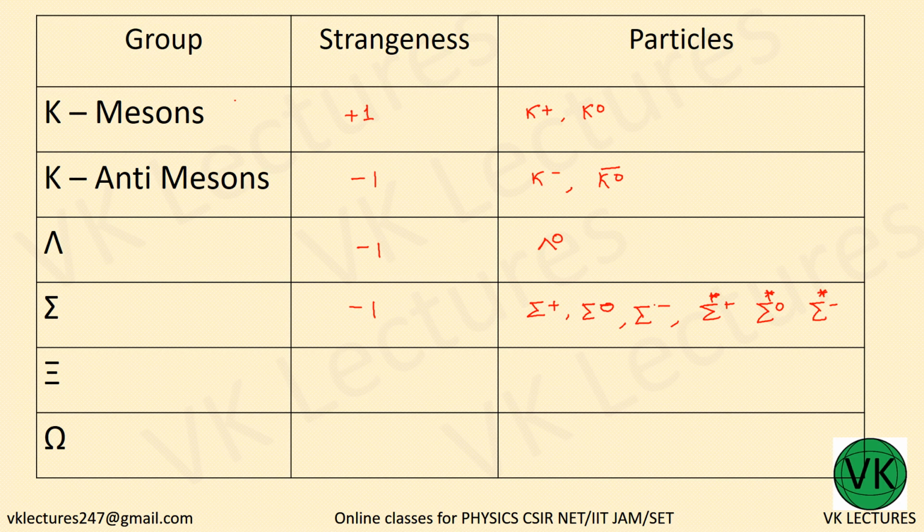Now cascade group, the strangeness is -2 and the particles are cascade naught, cascade minus, cascade naught star and cascade minus star. For omega minus, the strangeness is -3 and the only particle available in the omega group is omega minus.